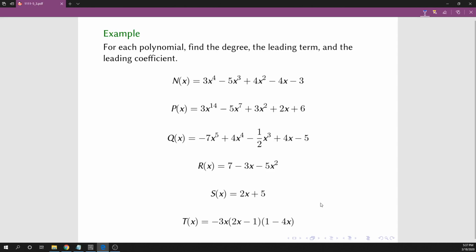And then what you'll wind up with if you multiply all that out, and I'm not going to work that out, but if you do that, you're going to wind up with negative 3 times 2 times negative 4, which is 24x cubed, and then plus some other terms over here, and I would only really know what those terms are if I completely multiplied this thing out.